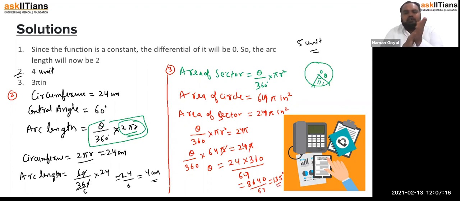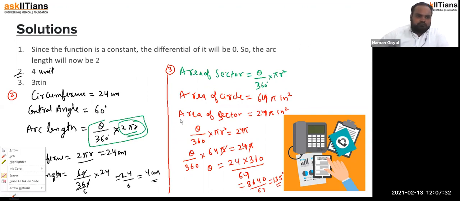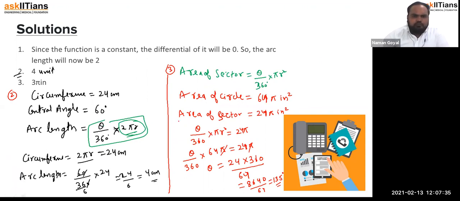Now with the help of the concept of area of circle, you can find the radius also. I don't have so much space, so we have to manage, so I can clear this. We got the central angle, but we don't have the radius.